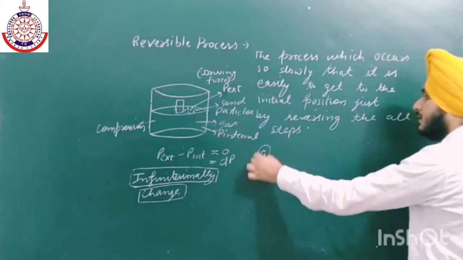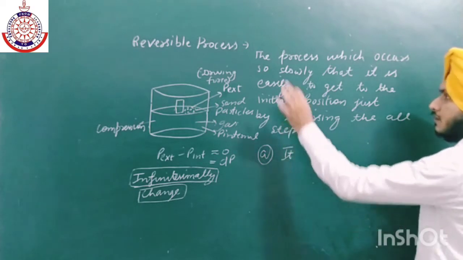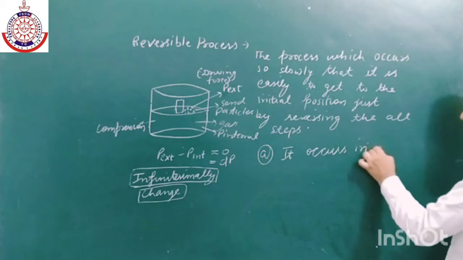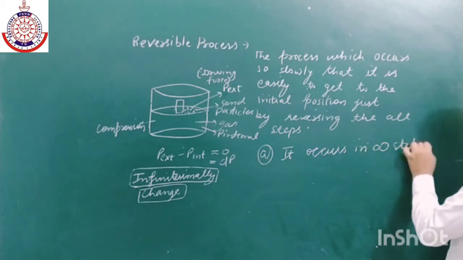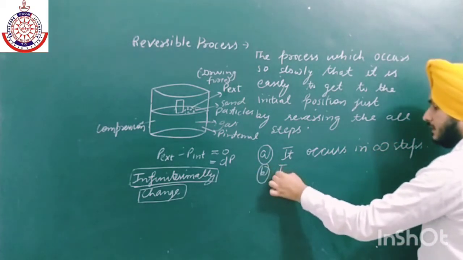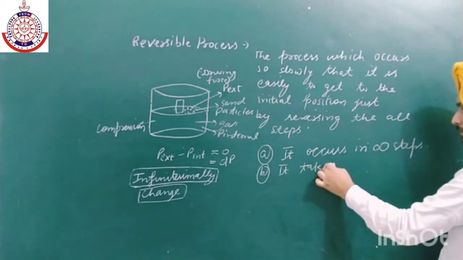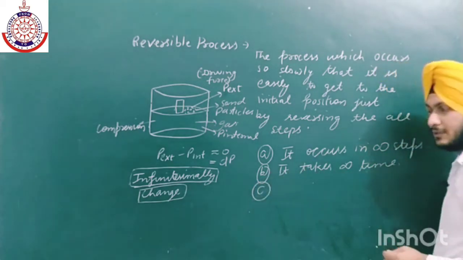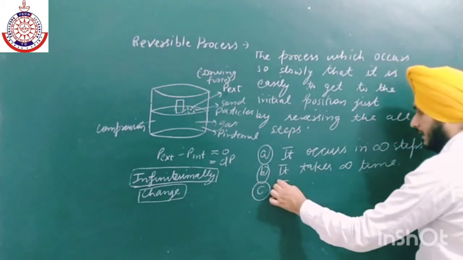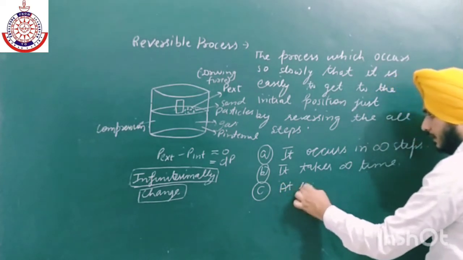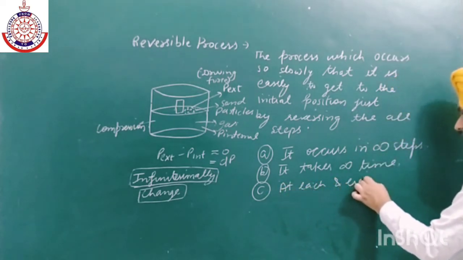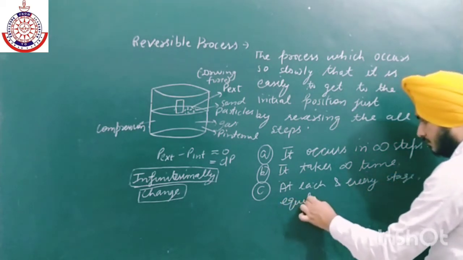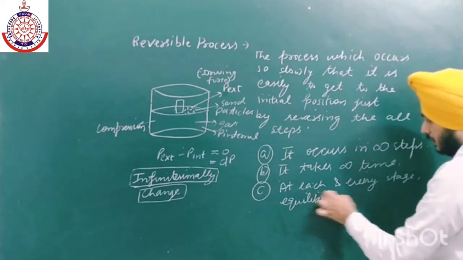So the first point is that all reversible processes occur in infinite steps. The second point is that they take infinite time as well. And the third point is that at each and every stage or point, equilibrium is attained.